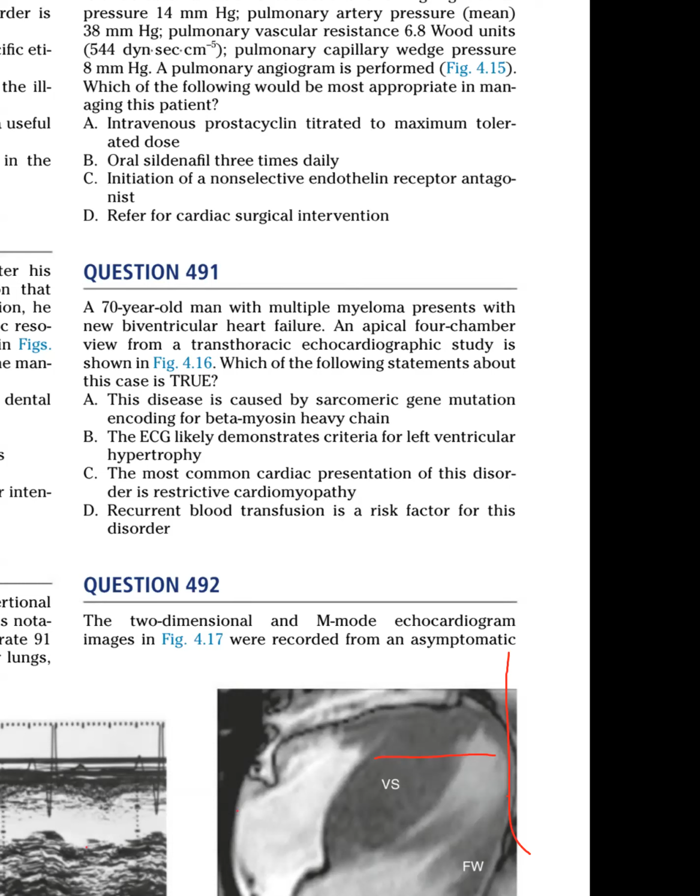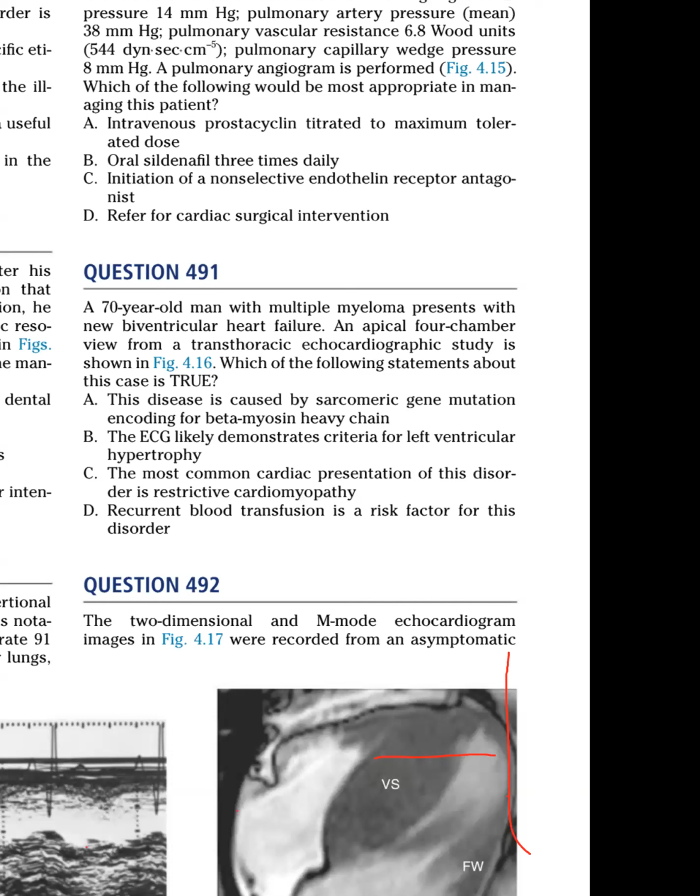In fact, what this echo is showing are typical features of restrictive cardiomyopathy with the bilateral enlargement and with the myeloma-associated amyloidosis.